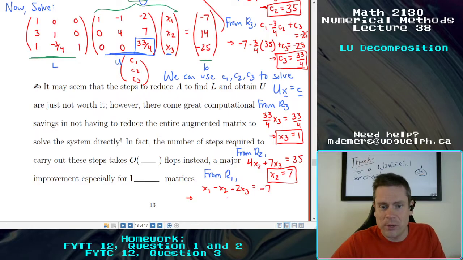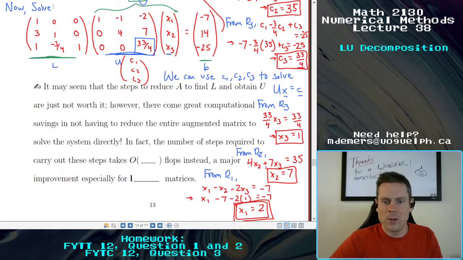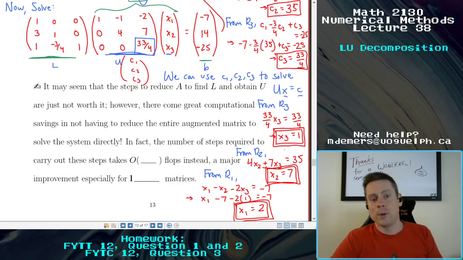And we found x2 and x3 now, so we have x1 minus 7 minus 2 times 1 equals negative 7. The minus 7's cancel out. 2 comes over. We get x1 equals 2. And look at that, those are the answers that we found before. x1 is 2, x2 is 7, x3 is 1. And we say, woohoo, we're done.